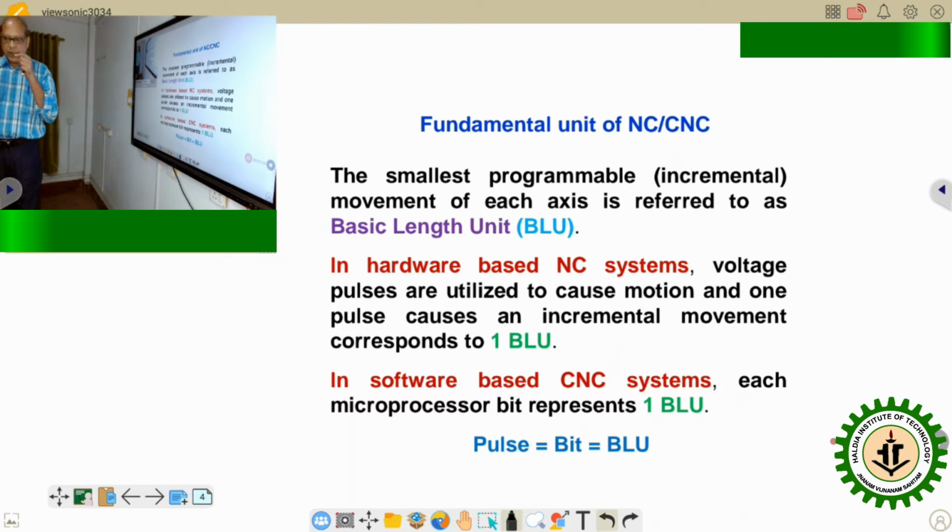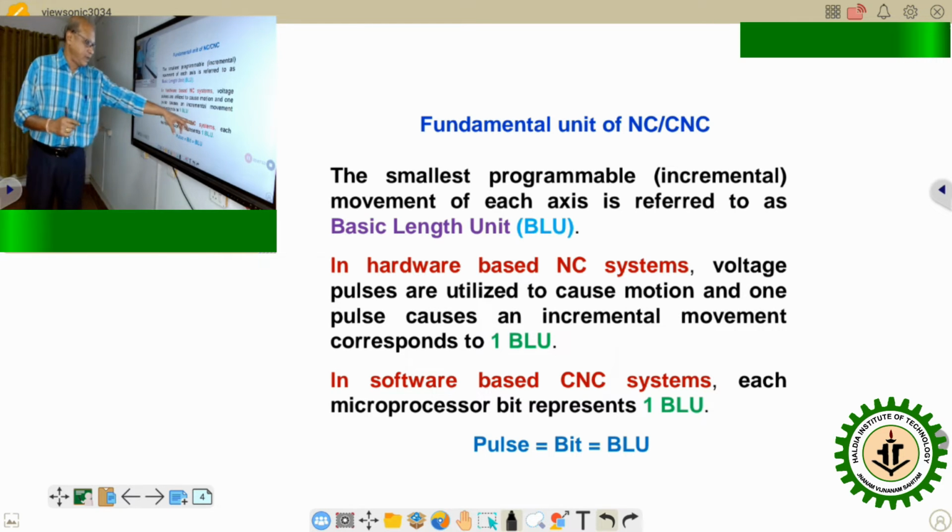Since it is not possible to provide the system with less than one pulse, we have to calculate the corresponding linear displacement for one pulse input to the stepper motor. This is how we calculate the magnitude of the basic length unit. Anyway, I will be coming to that later on.